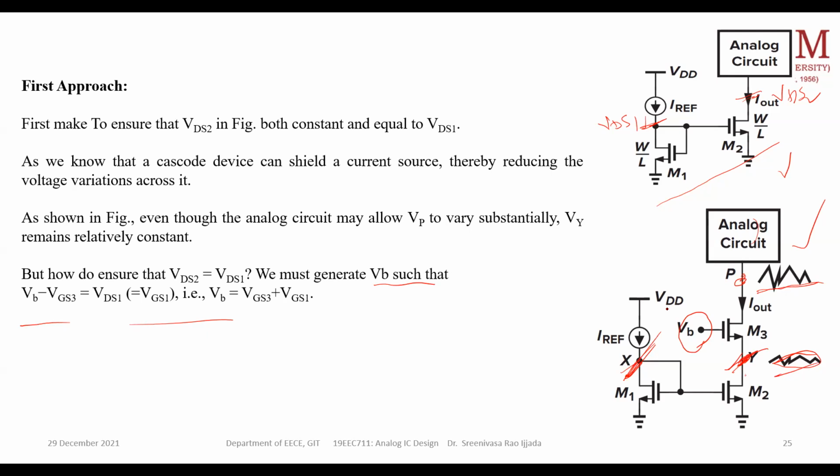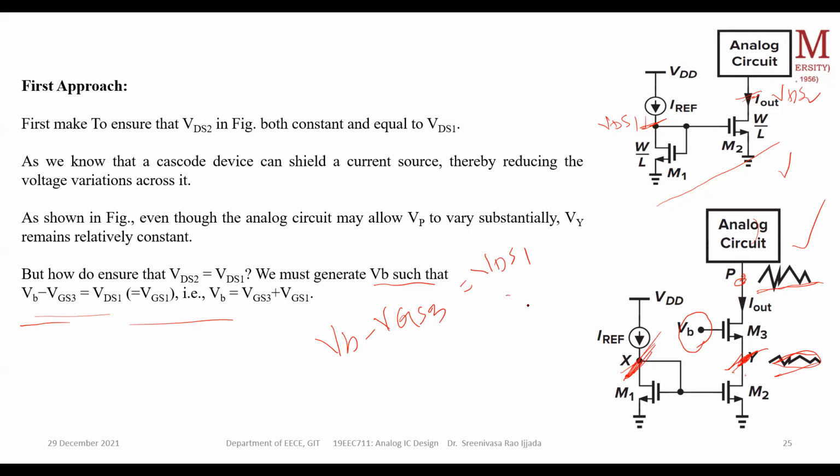How? See this picture. VB minus VGS3 is equal to VDS1. Vx is equal to VDS1.